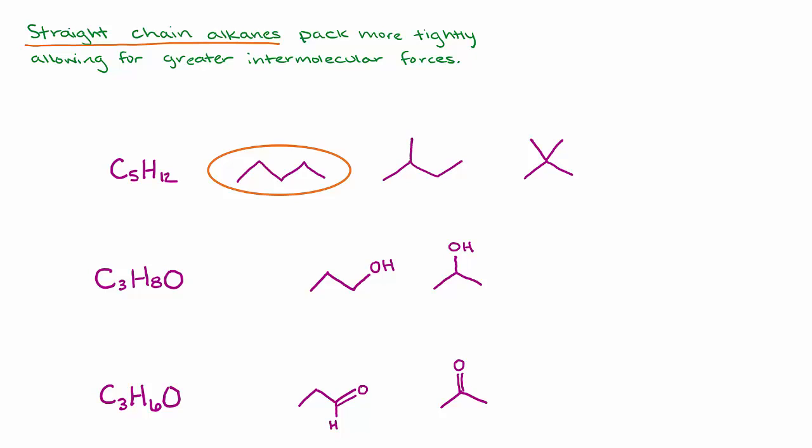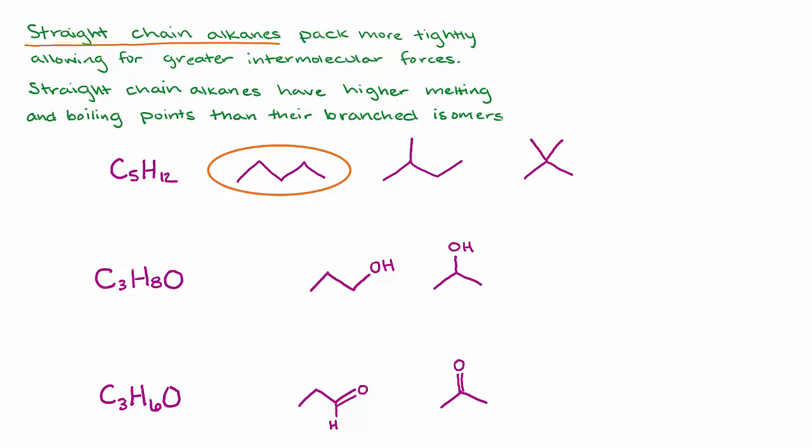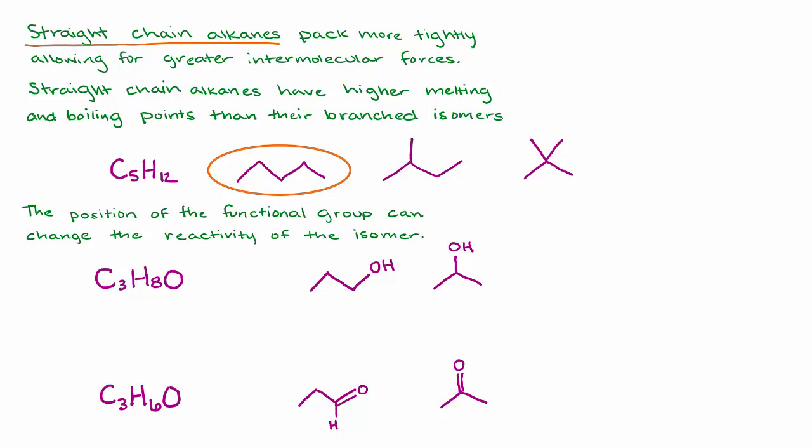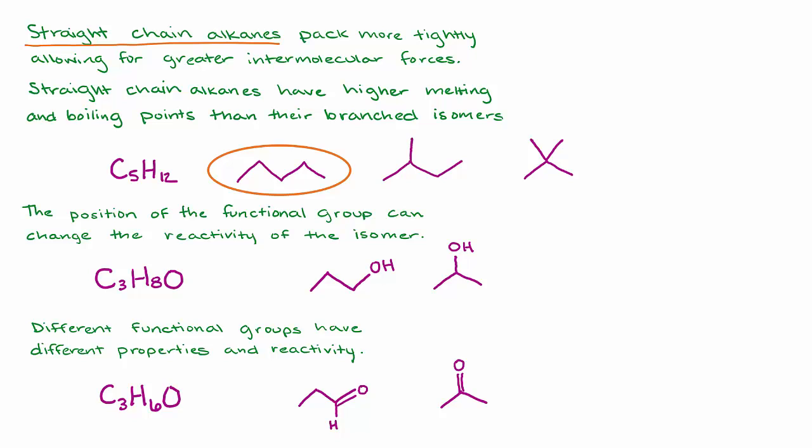As such, straight chain alkanes have higher melting and boiling points than their branched isomers. The position of a functional group can also change the reactivity of the isomer. And changing the functional group altogether will change the properties of the compound and its reactivity. Choosing the appropriate isomer is important to ensuring a safe and effective reaction.